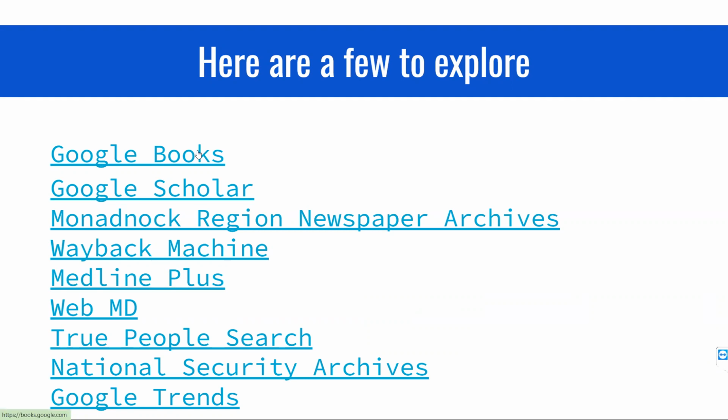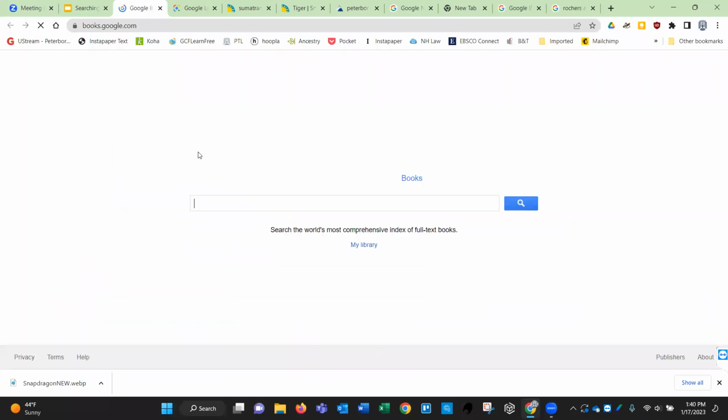There's Google Books. You can read books and magazines, download them, cite them, and translate them. Some of the books are provided by the publishers, where others are scanned as part of the library project.